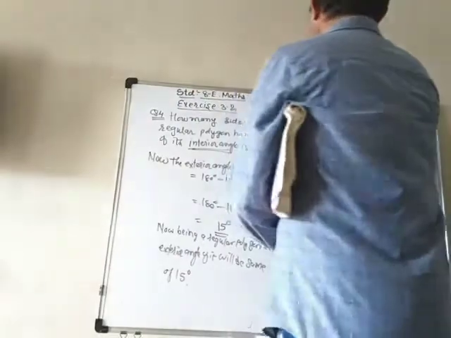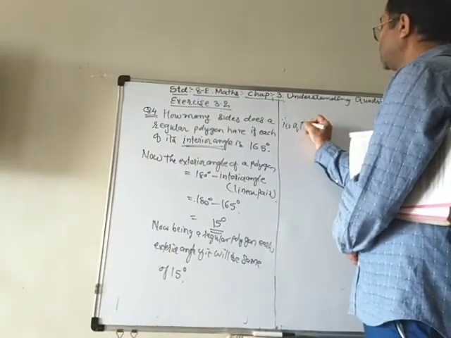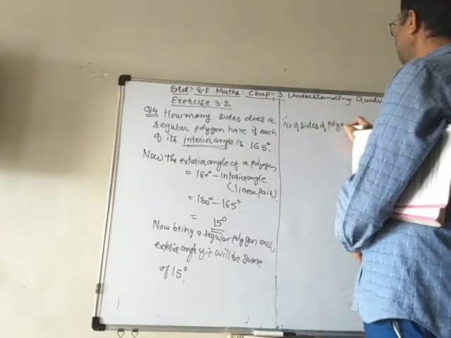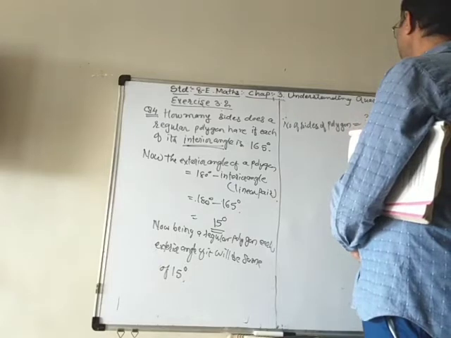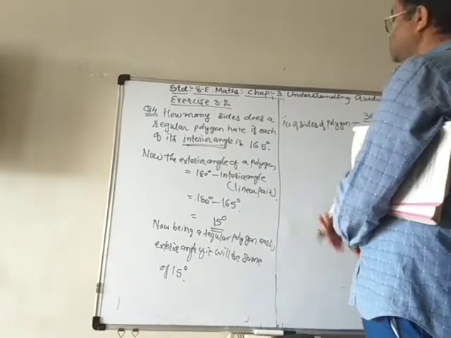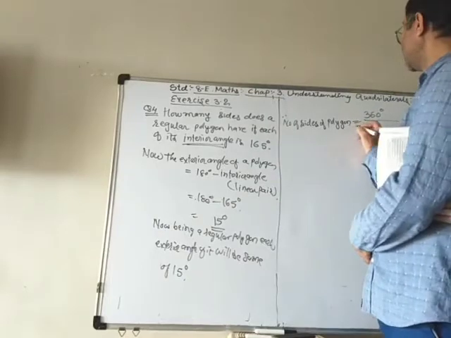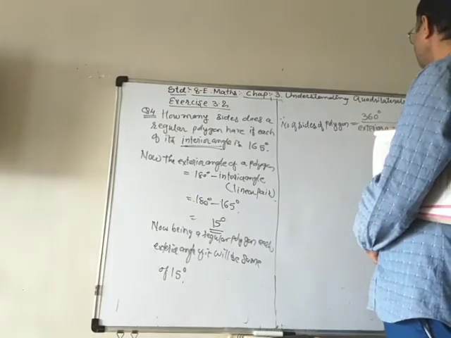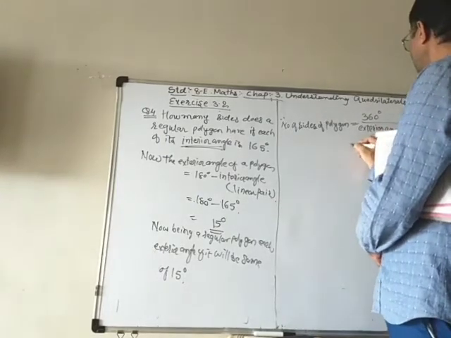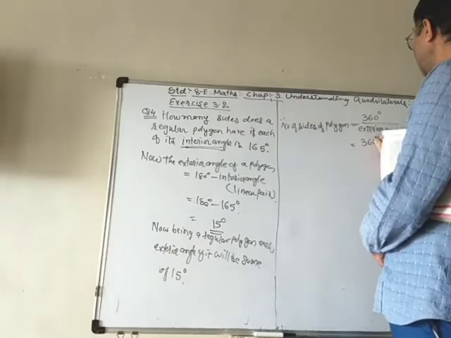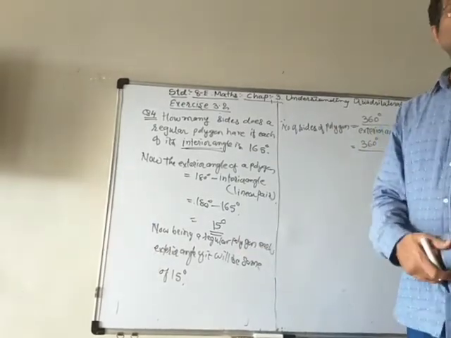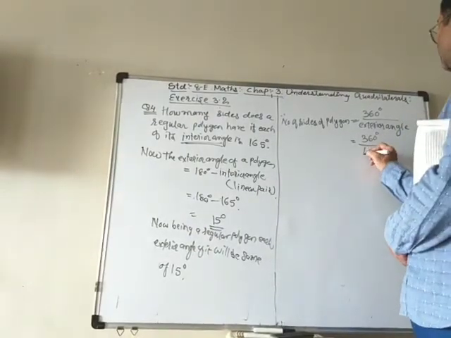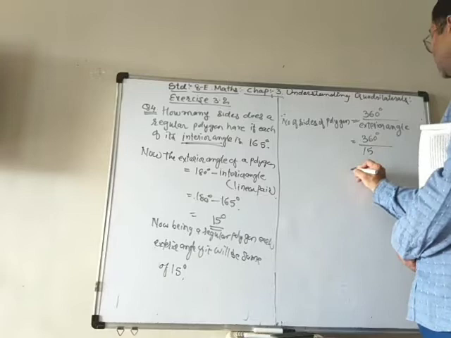Therefore, number of sides of a polygon is equal to 360 degree divided by the exterior angle. So 360 degree divided by, what is the exterior angle here? It is 15 degree. So 360 degree divided by 15.